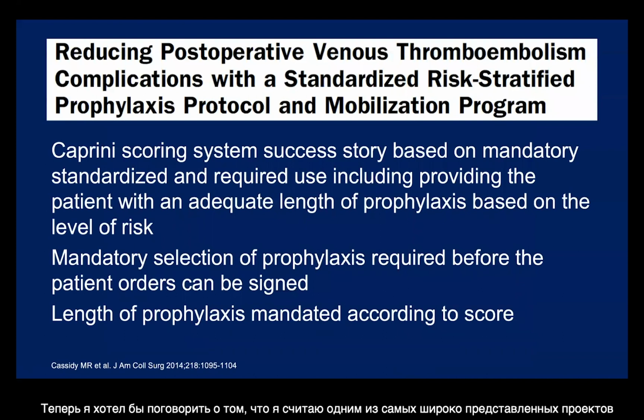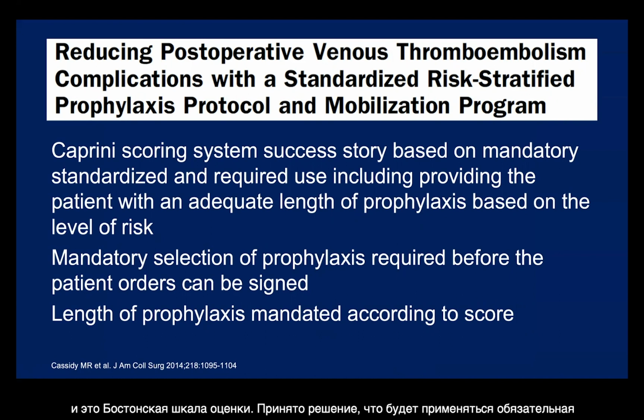Now I'd like to talk about what I consider one of the poster child presentations and demonstration projects in the United States. And really also good for the rest of the world, but especially in the United States in general surgery and vascular surgery. And that is the Boston scoring system.